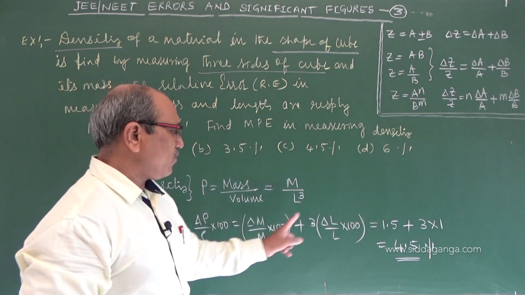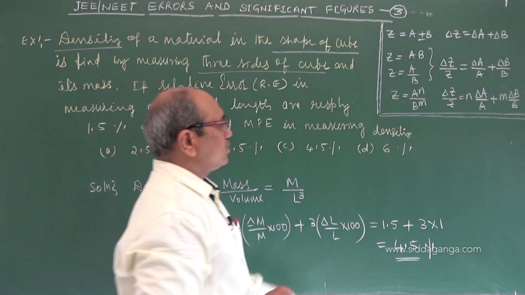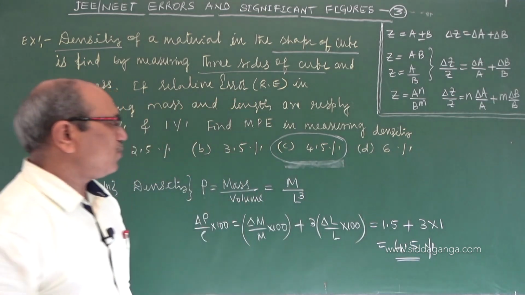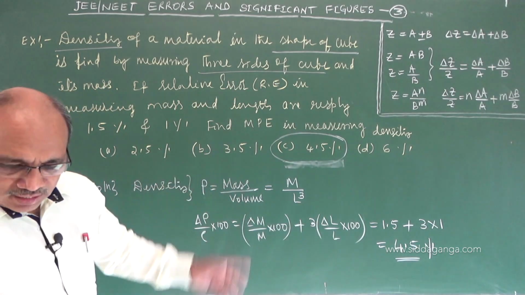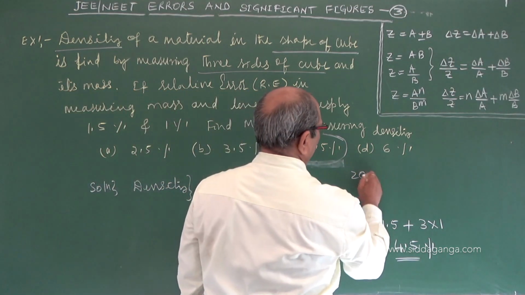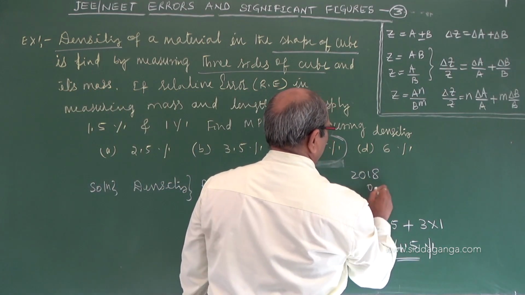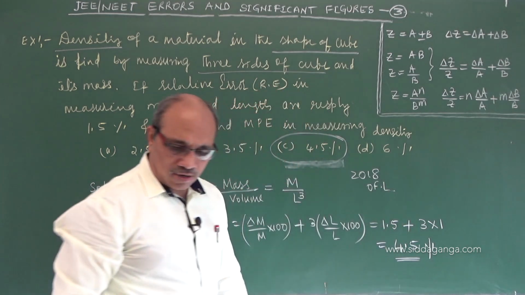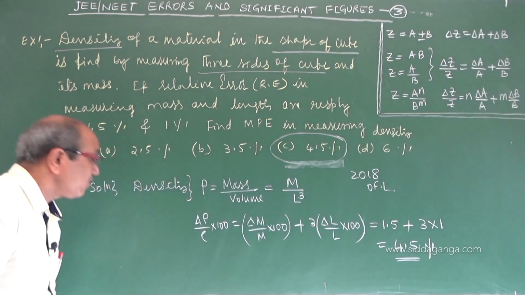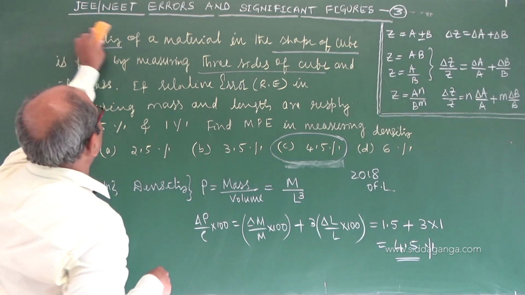This is 1.5, this is 1%. So the possible answer is the third one, 4.5%. This question appeared in the 2018 offline JEE. Come to the next question.